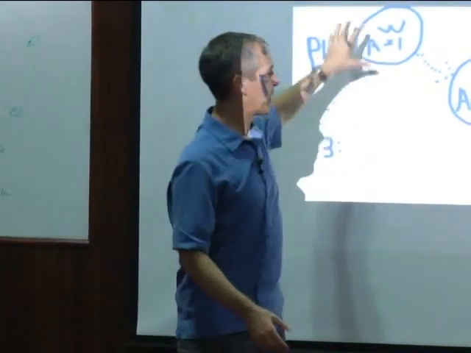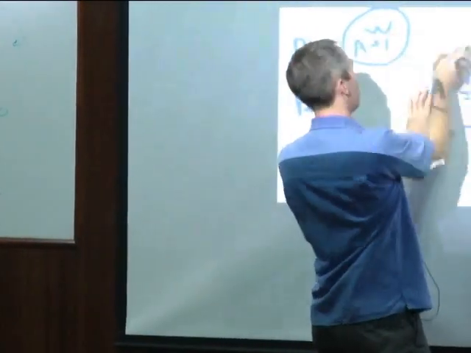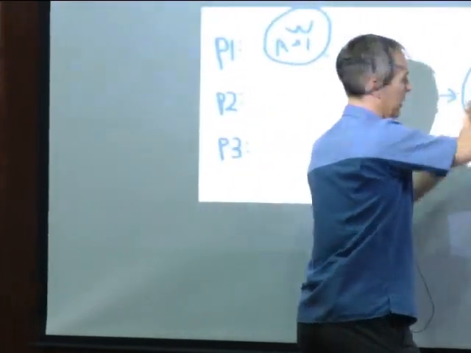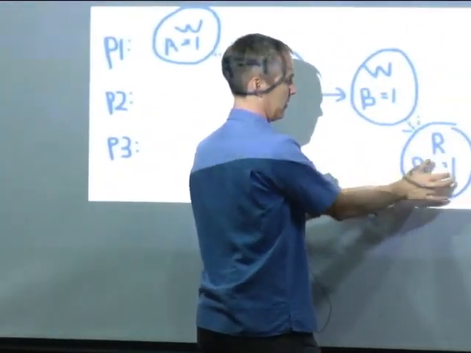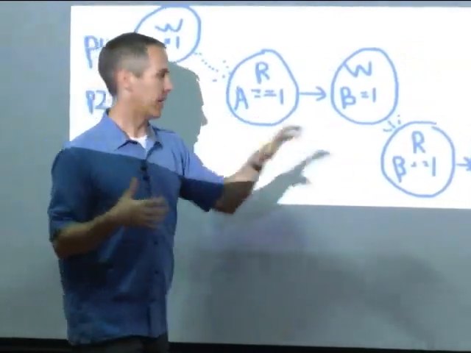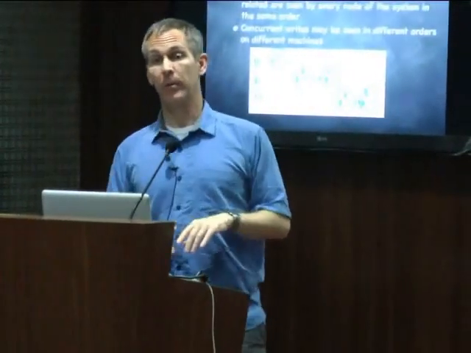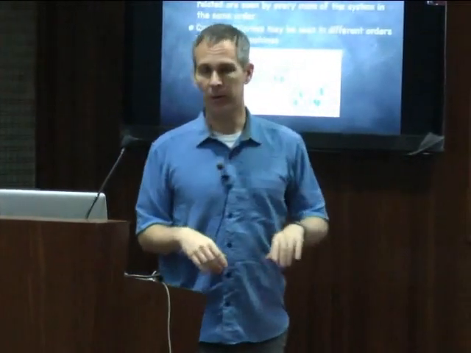So P2 now has every update from A, and when it sends its updates to P3, not only does it send its updates, but it sends every update it's ever seen. And now P3 has seen everything that it might have depended on. But that's very arm-wavy. We'll talk about implementing causal in the next section.